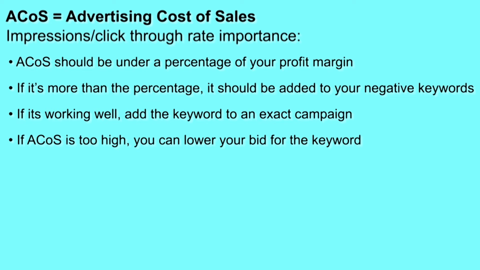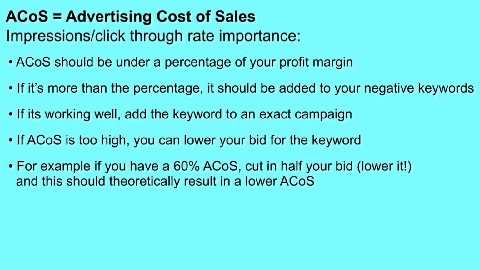So typically you can do maybe 10 cents more, 15 cents more. It really just depends, but you can change your bid. And for example, if you have a 60% ACoS, cut your bid in half, lower it, and it should theoretically result in a lower ACoS.